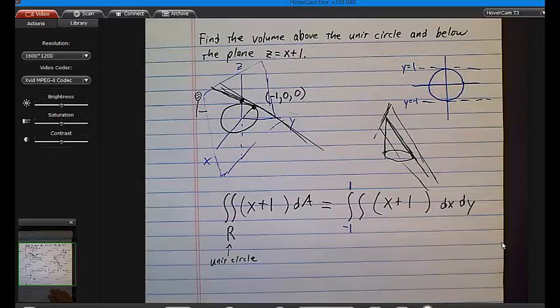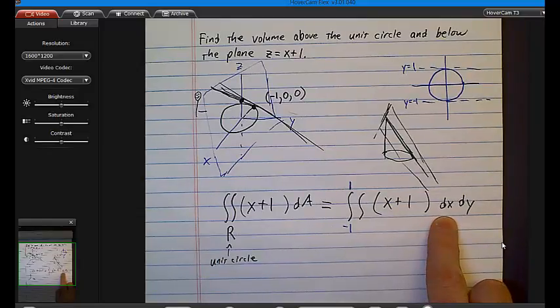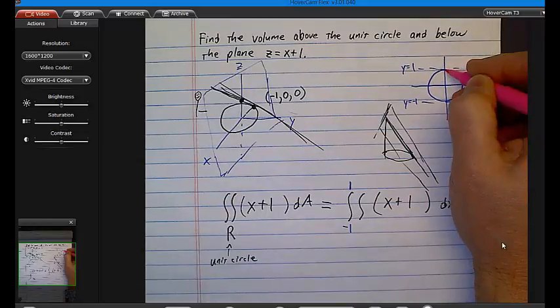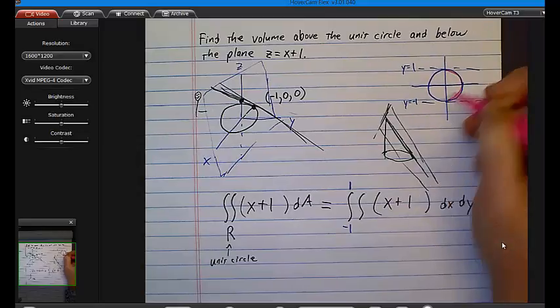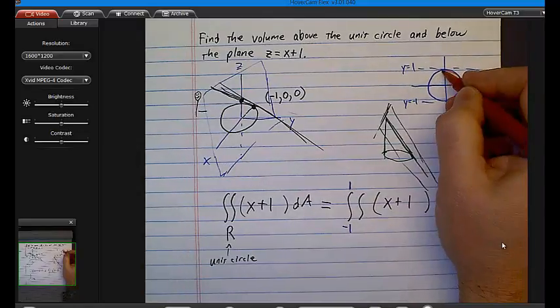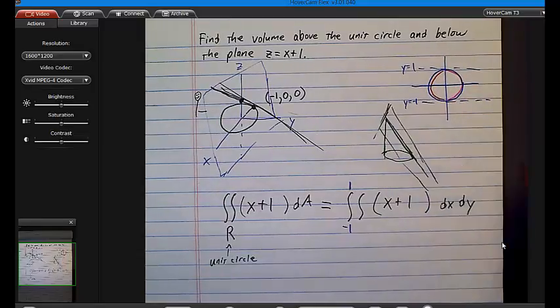Okay, so now we're integrating dx first, so we really want to think about the unit circle as two functions. I'll call them the pink function on the right here and the brown function on the left here. So what are those functions?